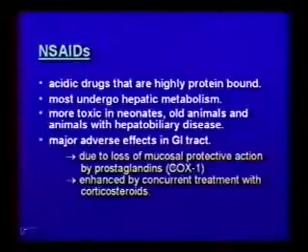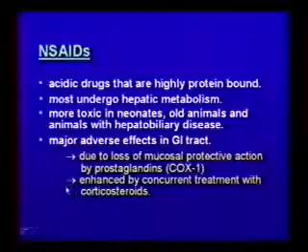The biggest organ system that's affected by major adverse effects is the GI tract. With short to intermediate term administration, these agents can produce ulceration of the GI tract and perforation as a result of the loss of the protective effect of prostaglandins, whose formation is inhibited after these agents are given.